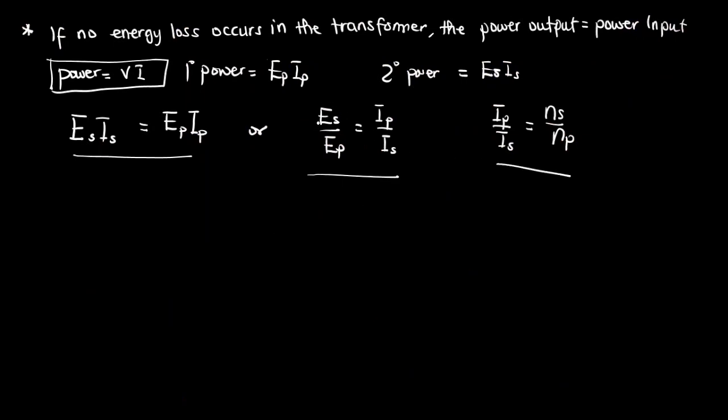Now if ES, the EMF in the secondary coil, over the EMF in the primary coil is equal to the current in the primary coil over the current in the secondary coil, and again this current in the primary coil over the current in the secondary coil is equal to the number of turns in the secondary coil over the number of turns in the primary coil, then we can see confidently from here that ES over EP, which is equal to IP over IS, is also equal to NS over NP.